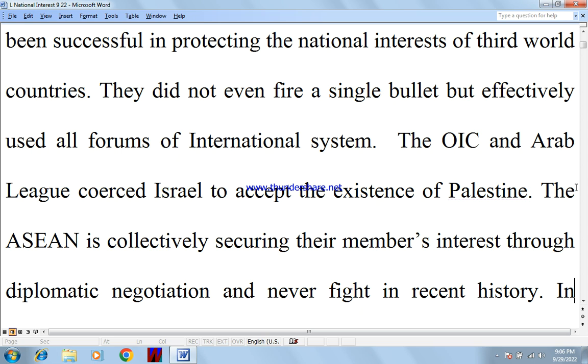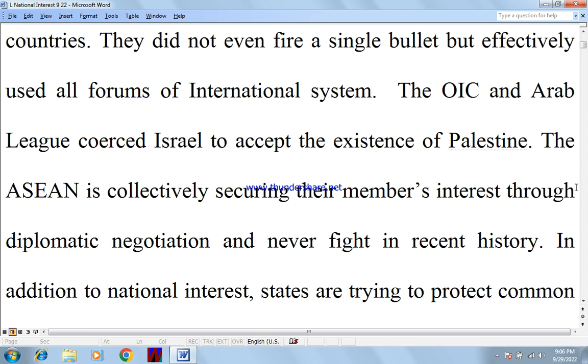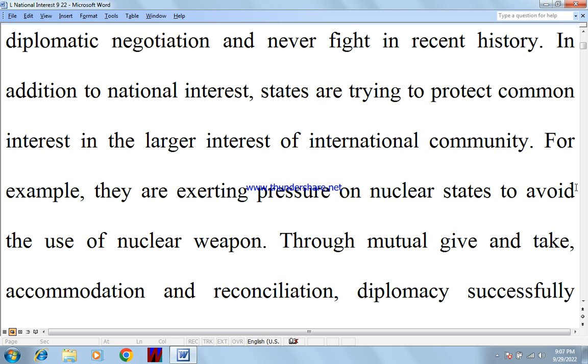They did not even fire a single bullet but effectively used all forums of the international system. The OIC and Arab League coerced Israel to accept the existence of Palestine. The ASEAN, Association of Southeast Asian Nations, is collectively securing its members' interest through diplomatic negotiations and has never fought in recent history with each other.